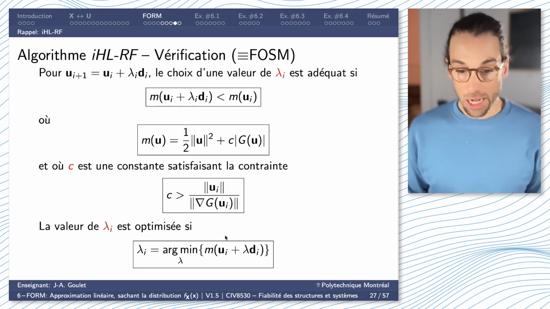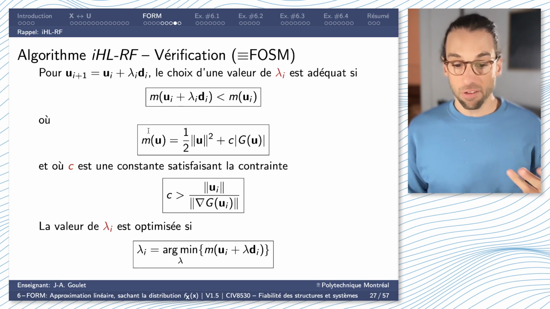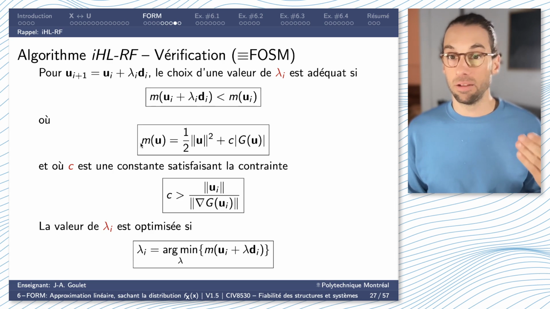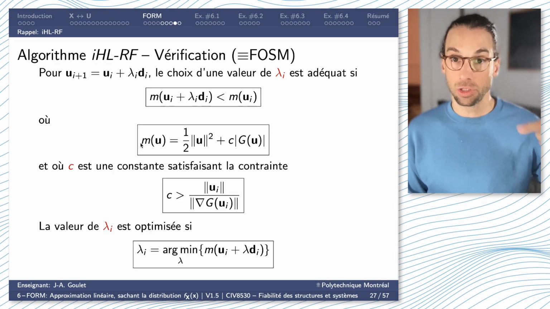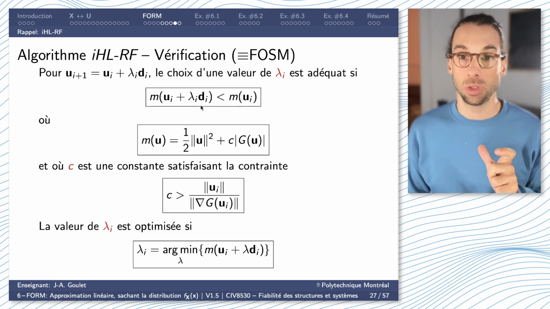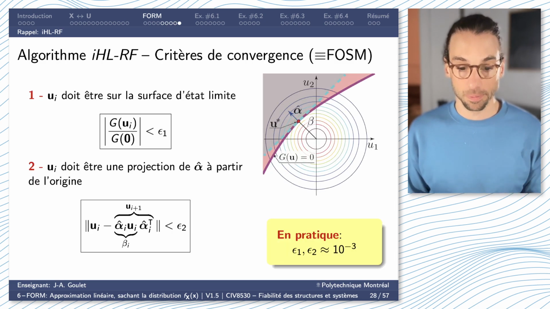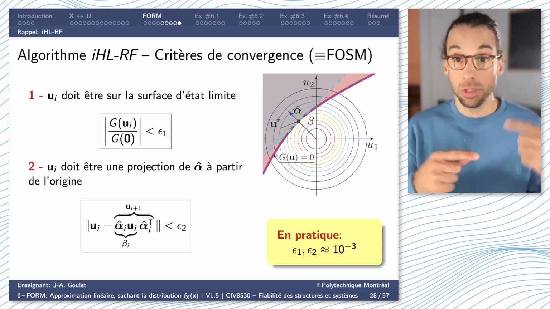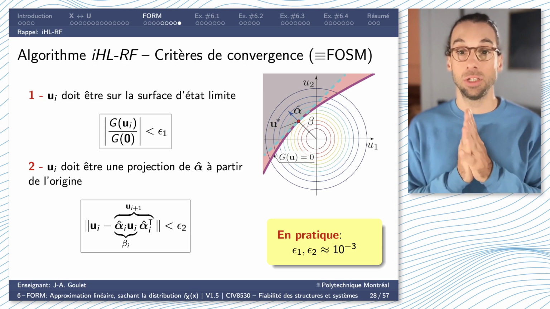So what we're going to do in practice is verify that our merit function decreases. If it doesn't, we can divide lambda by 2. And we're going to repeat this until the merit function between two successive iterations decreases. And we're going to do this until we converge. And how do we define convergence?